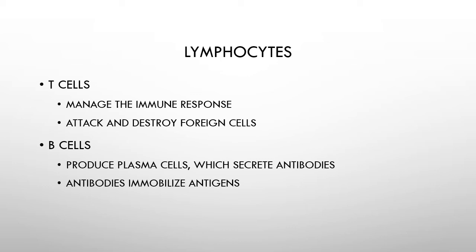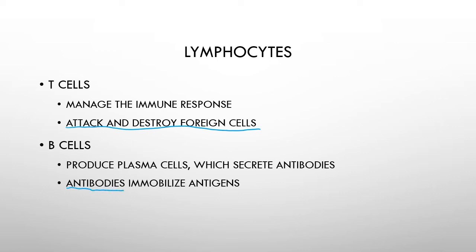And so T cells, remember back to the white blood cells, these ones actually go out and actively attack and destroy any kind of foreign cell that is an antigen. Anything that we see as being foreign, it is going to destroy. Whereas the B cells don't really actively destroy things on their own, they generate antibodies.